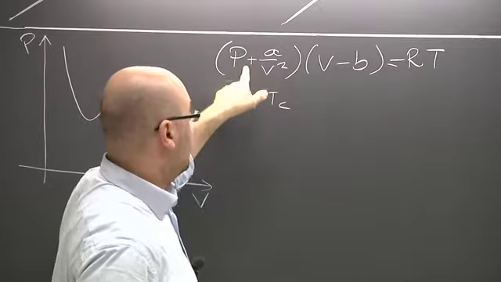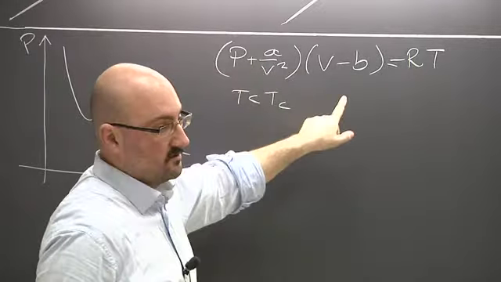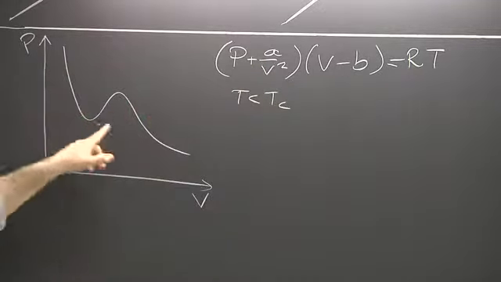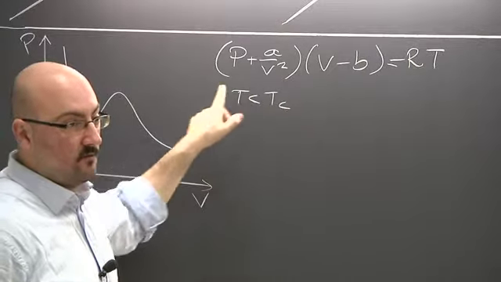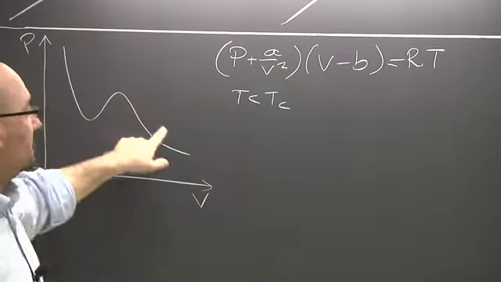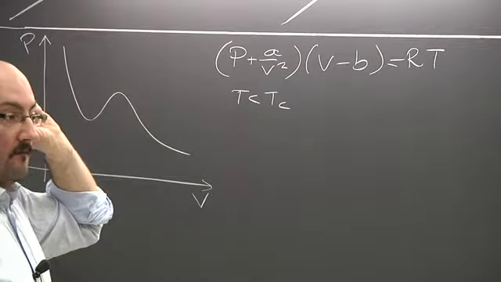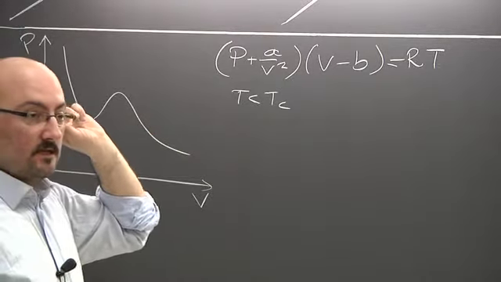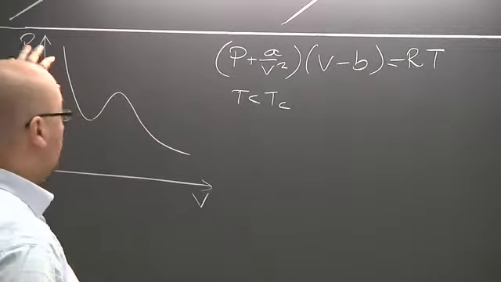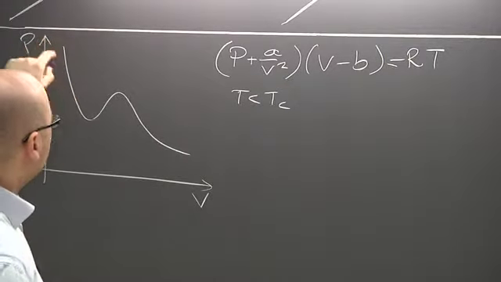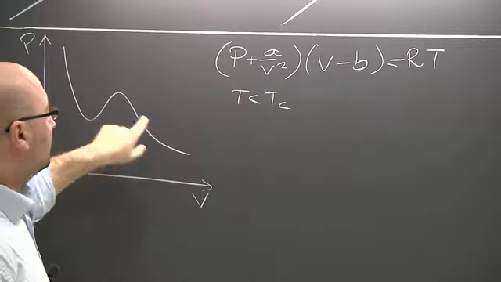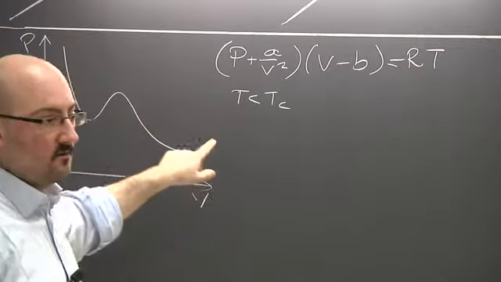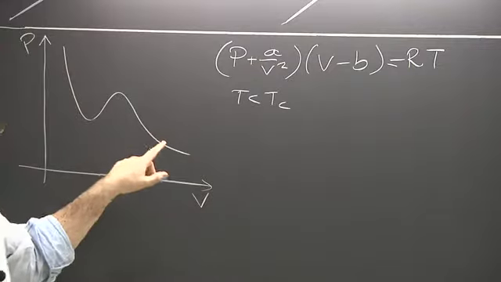When you solve for P as a function of V, you plot it, and there is a critical temperature below which the curve has this shape. As we said last time, or maybe the lecture before that, this curve is not physical in the sense that it's not what you find in a lab.